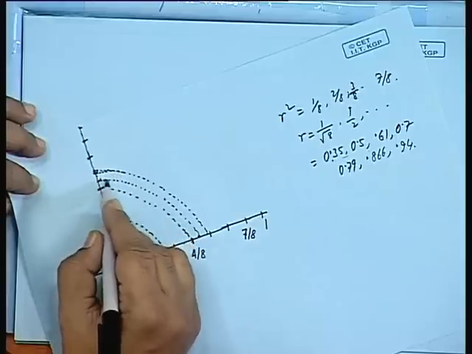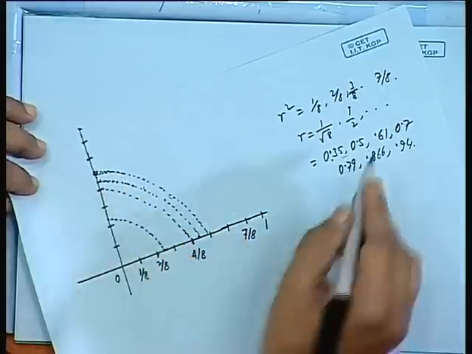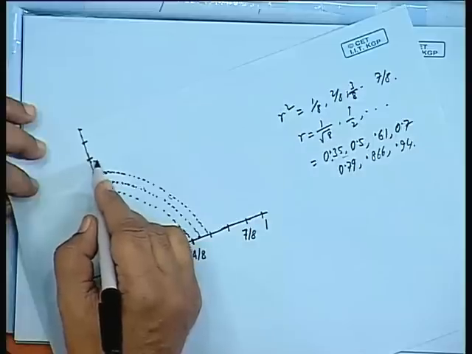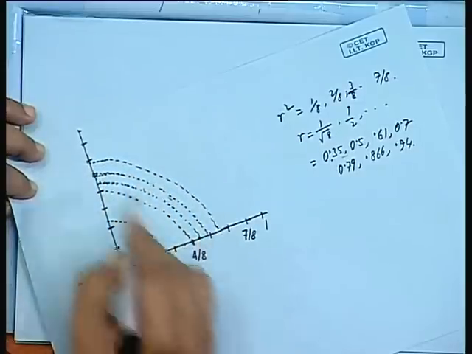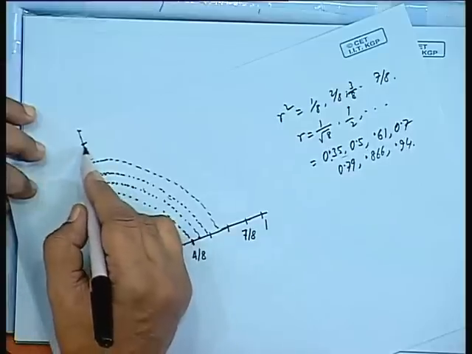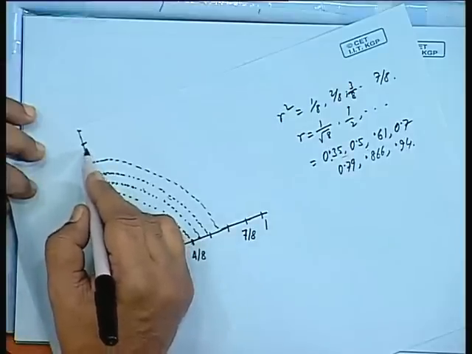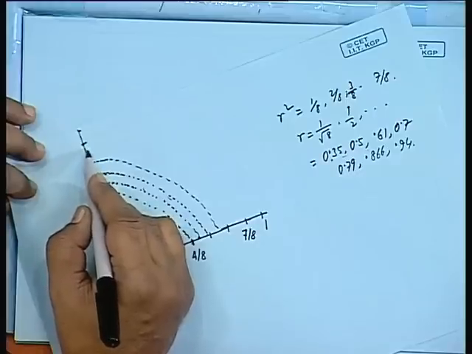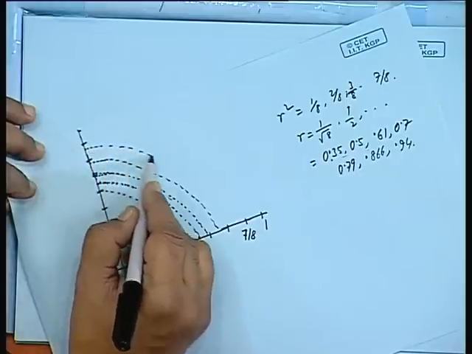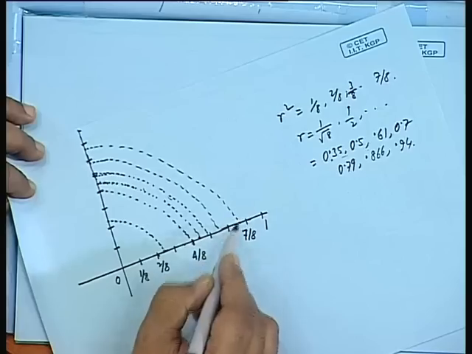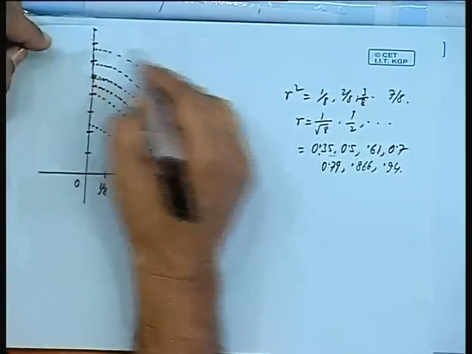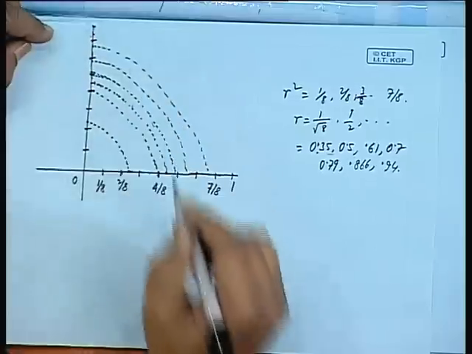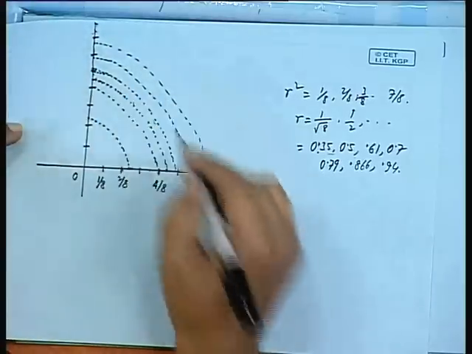Sorry, this is not there. Anyway, like that 0.7 will be somewhere close to this, and 0.79. Like this you can plot; then 0.866 and 0.94 you can plot. I am not plotting all of them.